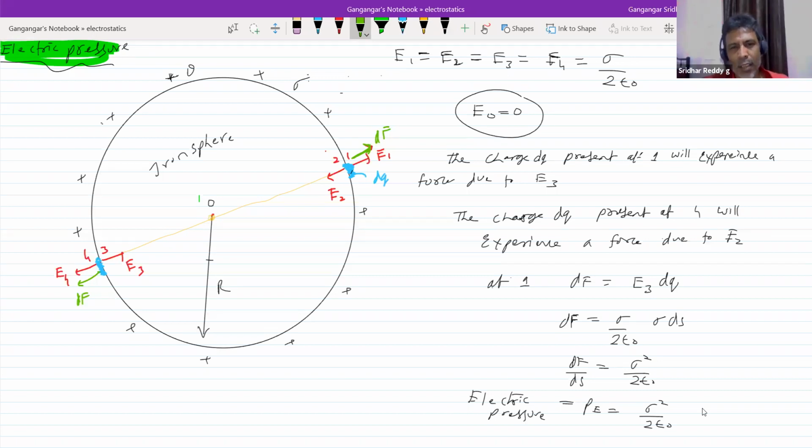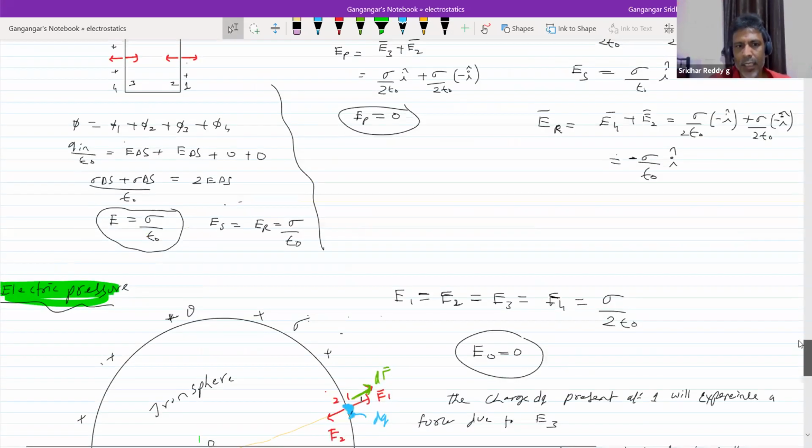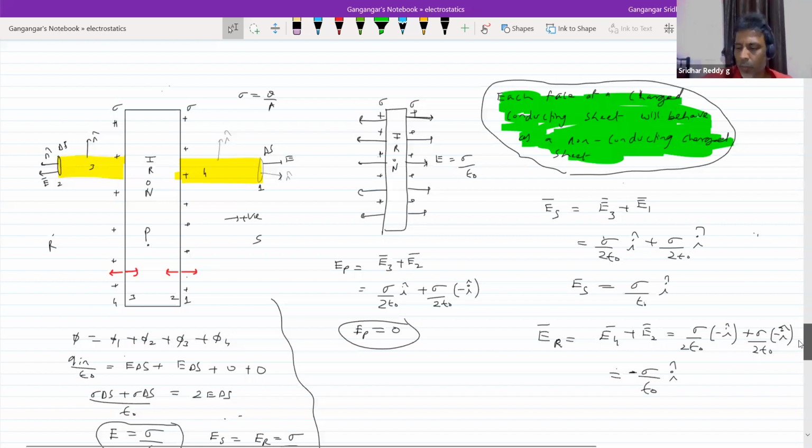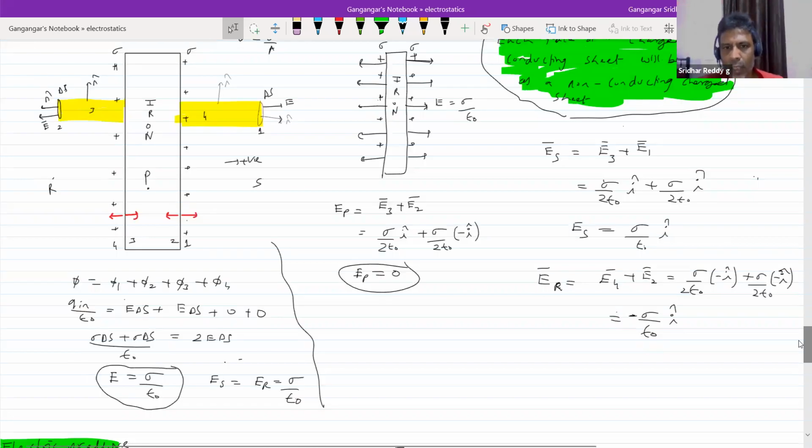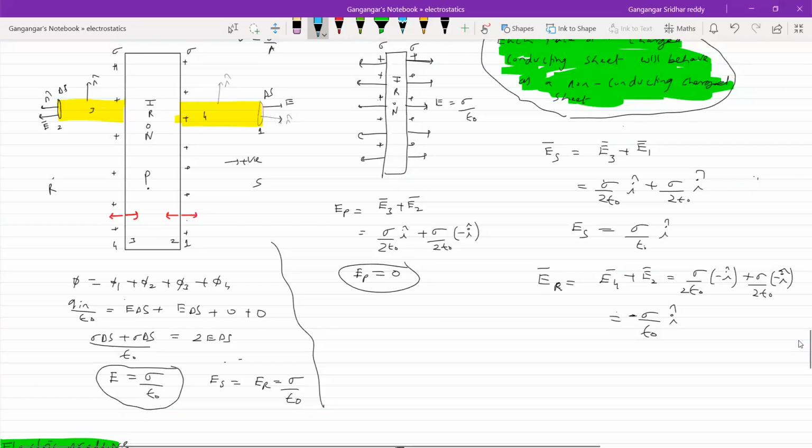Now, sir, even the square plate will also experience a force? Yes, that also will be there. Instead of coming here, we could have done that here only. In this particular square sheet, you can assume a charge present here. I'll show it here now.